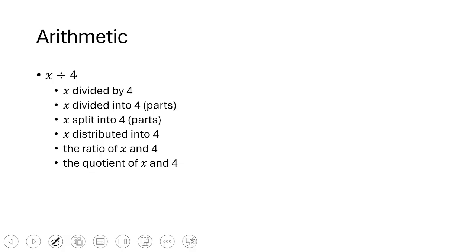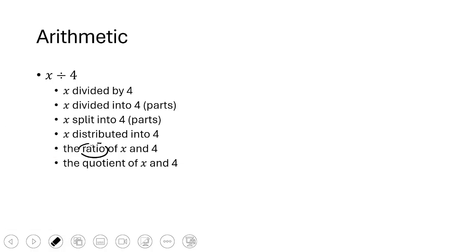Then we also have division. We read that as x divided by 4, or we say x divided into four parts, or x is split into four parts. We can also say x is distributed into four. Now, please remember when we had our discussion on the golden ratio. We divide consecutive numbers in our Fibonacci sequence, and we are able to get the golden ratio.